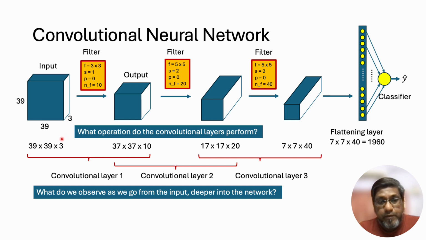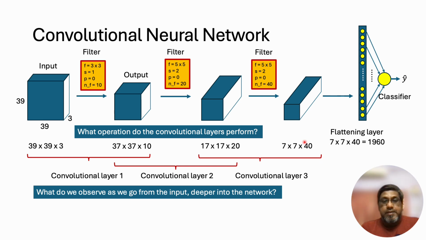However, what we notice in terms of the number of channels is that the number of channels keeps on increasing as we go from one convolution layer to the next convolution layer. So initially the input image had 3 channels, and at the output of the first convolutional layer, the number of channels in that output is 10, and the number of channels at the output of the second convolution layer is 20, and the number of channels at the output of the third convolution layer is 40 here.